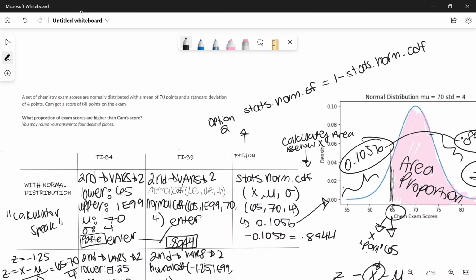Also note that stats.norm.cdf is the Python equivalent to the normal CDF function in your calculator, except that it doesn't have a lower bound and upper bound. It only has one parameter for your value, which is just x. But it's basically the same thing, except that you have to know that in Python, there's only one parameter, again, x, and it only calculates the area below that point.